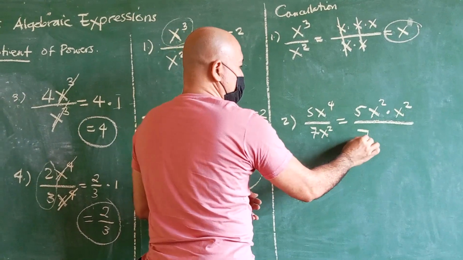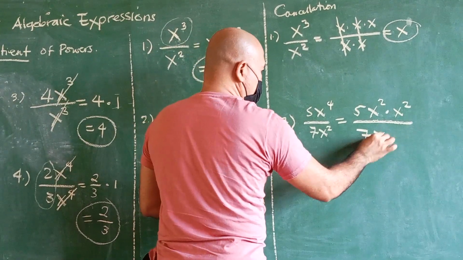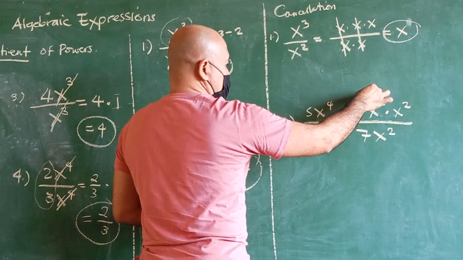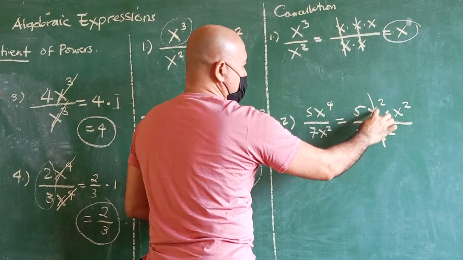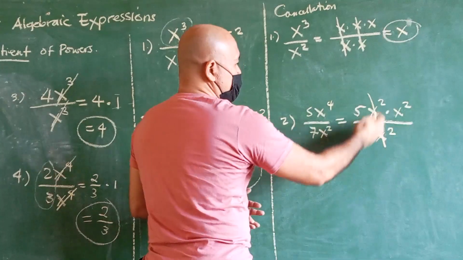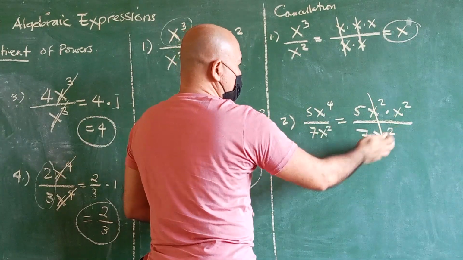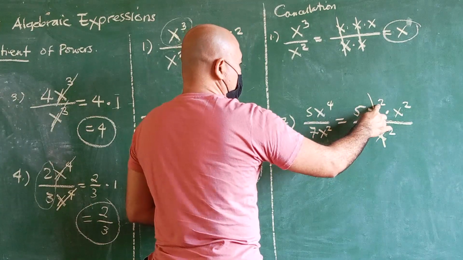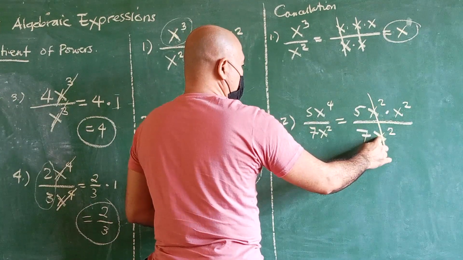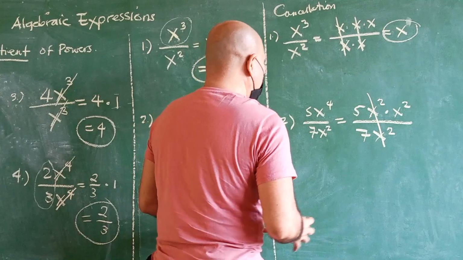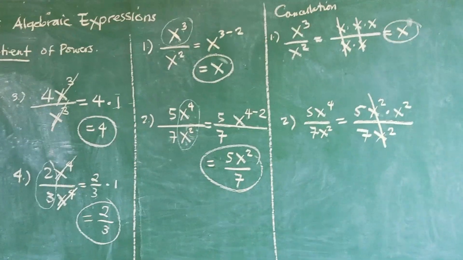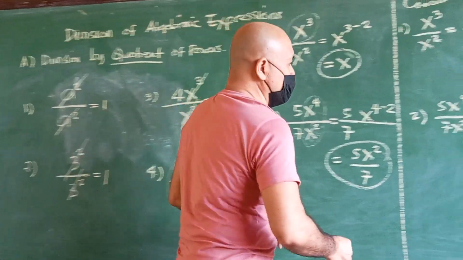So in this case, you can just bring down 7x squared, and after that, the x squared in the numerator and the x squared in the denominator have the same variable and exponent, so by using the first scenario, it is just equal to 1.